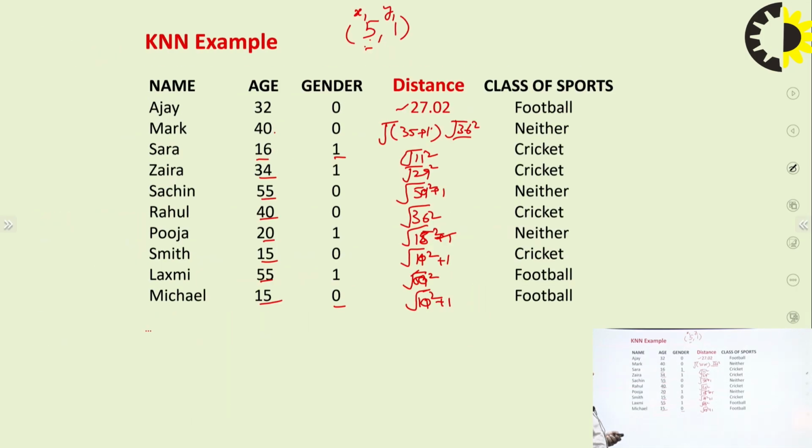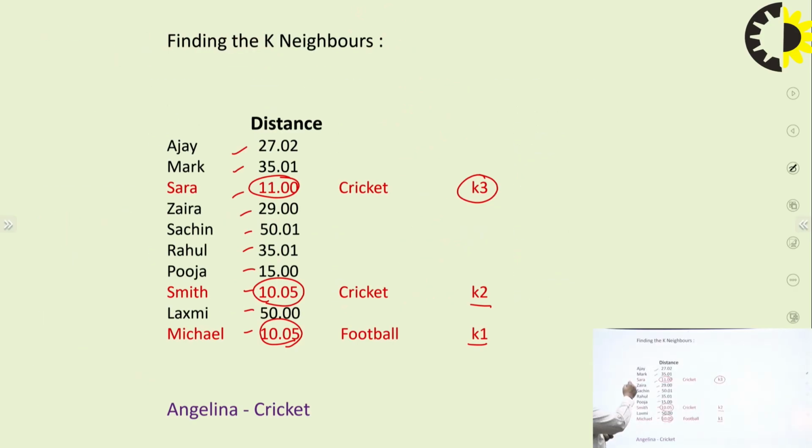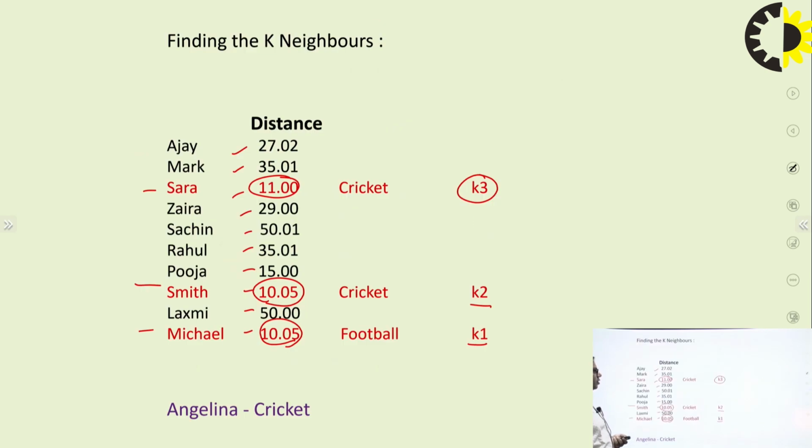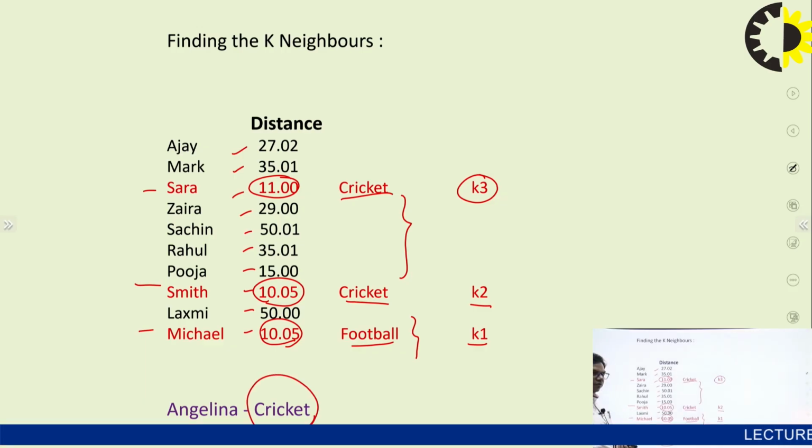If we see their classes, in the case of Sarah, Smith and Michael, Sarah belongs to cricket, Smith belongs to cricket, and Michael belongs to football. So if we compare, the frequency of cricket is 2 and the frequency of football is 1. So if we talk about the voting, cricket has the majority over football. So the outcome, the predicted class of Angelina, is cricket, right?